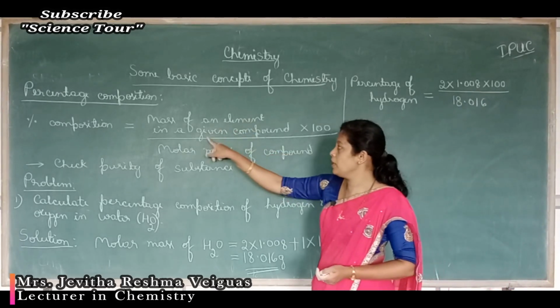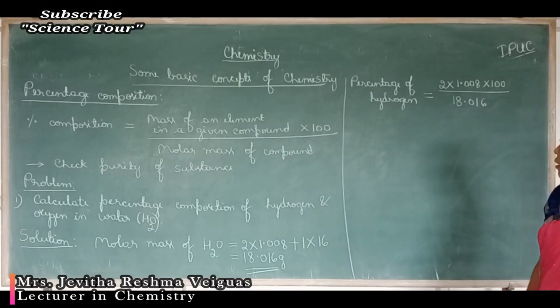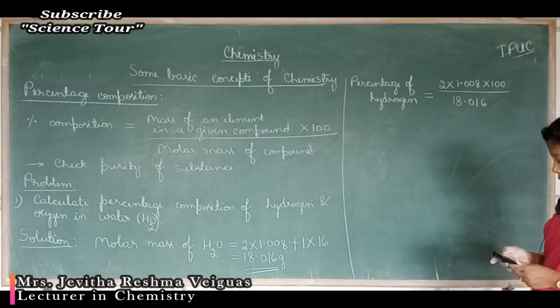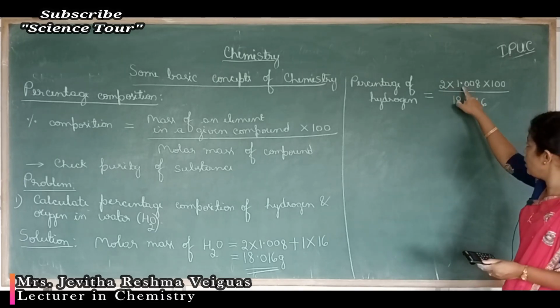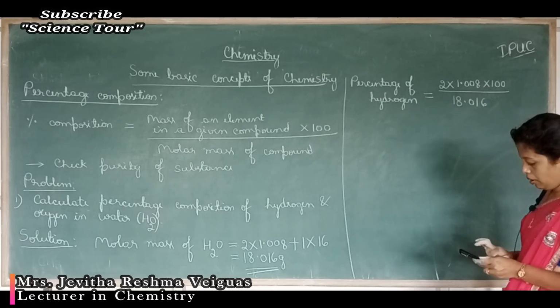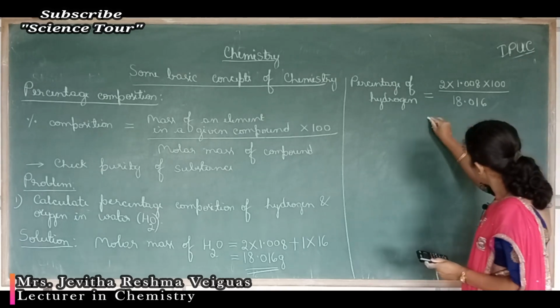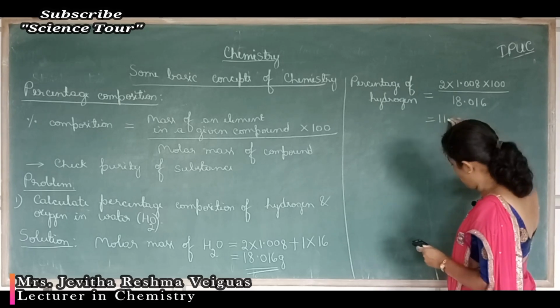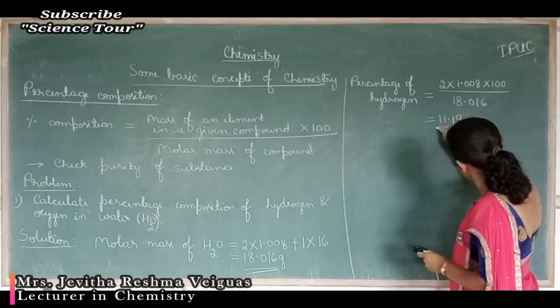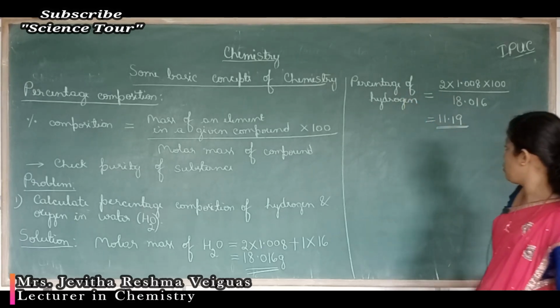This you have to solve now. So it is actually 2.016 gram, that is 2 into 1.008 into 100 divided by 18.016, that is 11.19. You need not write percentage because it is understood that it is the percentage of hydrogen.